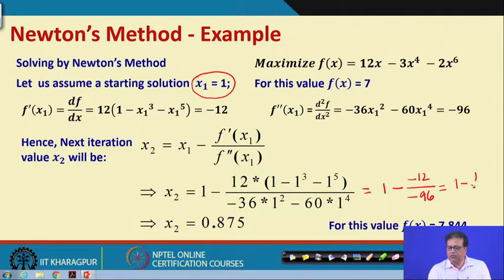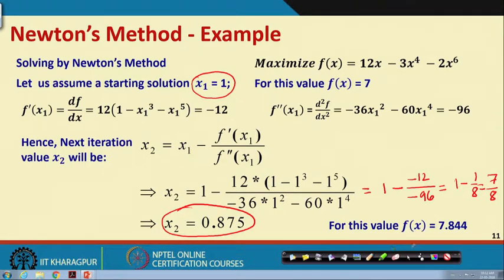So, 1 minus 1 by 8 equals 7 by 8, which is 0.875. This is our next iteration. If you put 0.875, our f x value comes to 7.844. A slightly better value is obtained: from f x equal to 7, we have now come to 7.844.